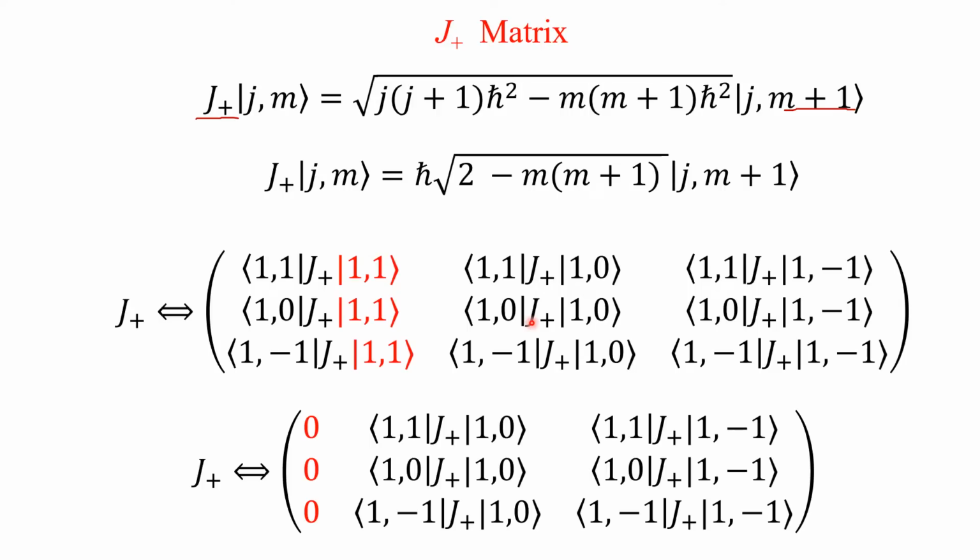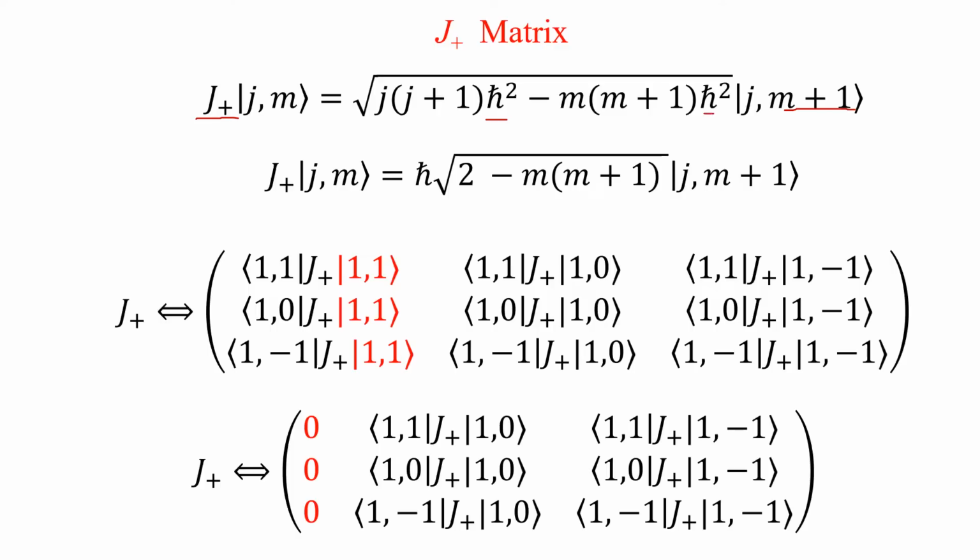So m cannot go above plus j or below minus j. You can see from this expression itself, when m equal to j, this will become j into j plus 1 ℏ squared minus j into j plus 1 ℏ squared. So this will get cancelled. It will become 0.